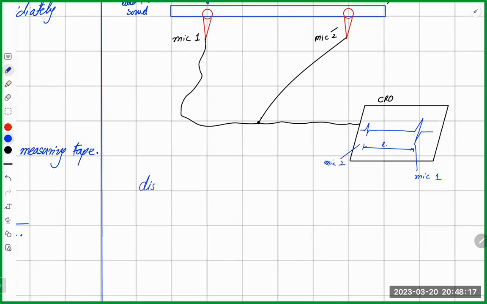Distance between mics equals P2 minus P1.